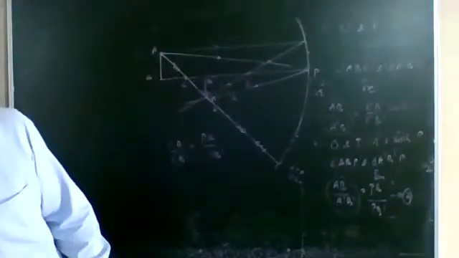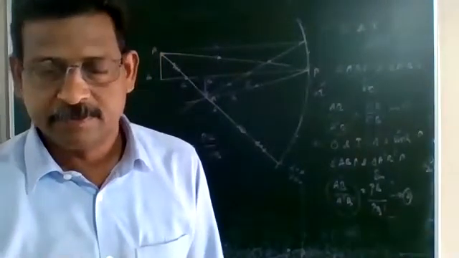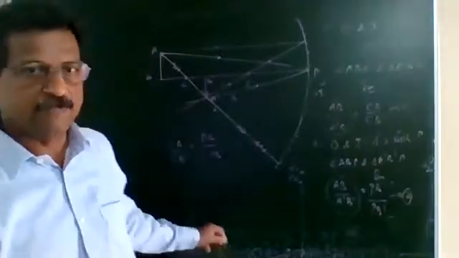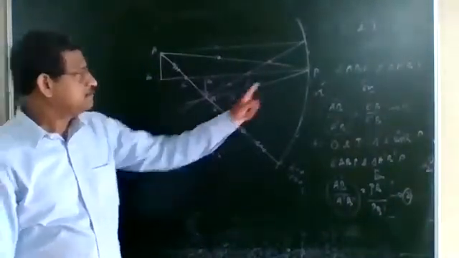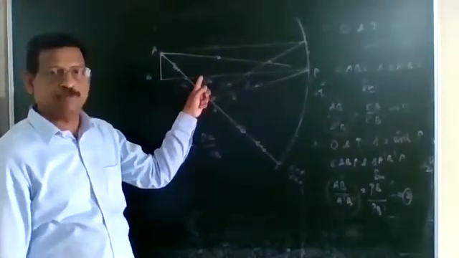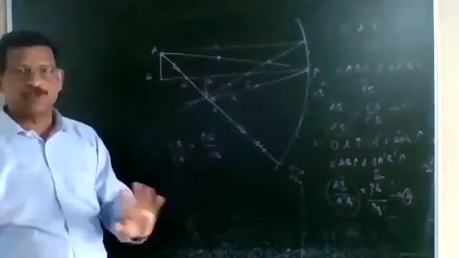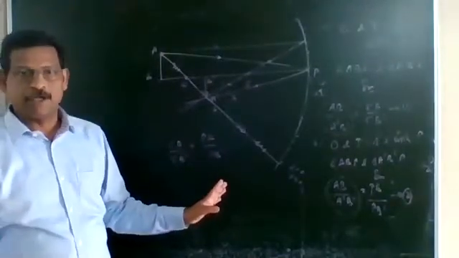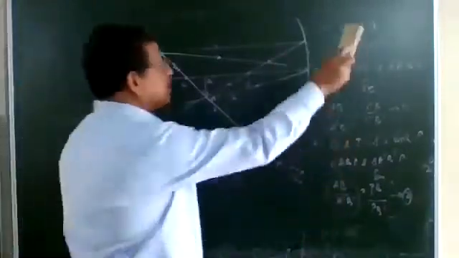All the distances are to be measured from the pole of the mirror. So here CB and CB' are not measured from the pole, so they are to be changed. PB' is okay, no problem.